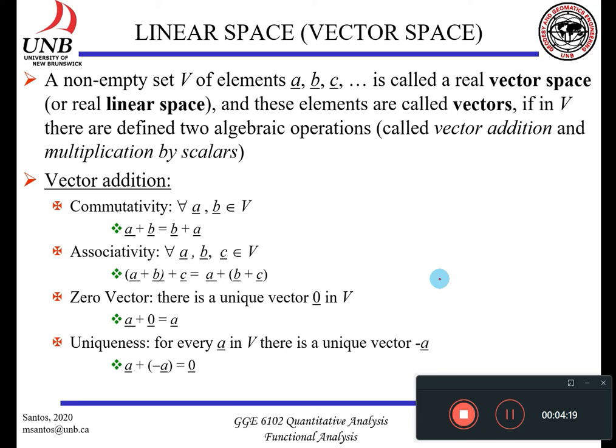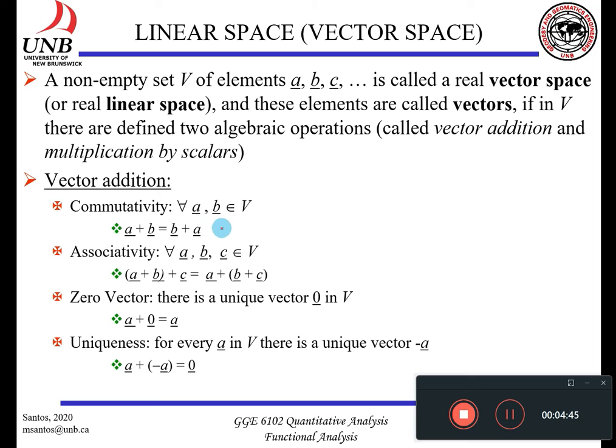So we can define linear spaces as any space which contains elements that are known as vectors. The properties of these vectors are vector addition and vector multiplication by scalars.